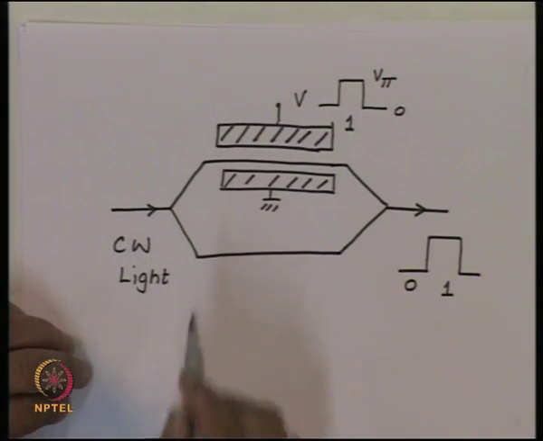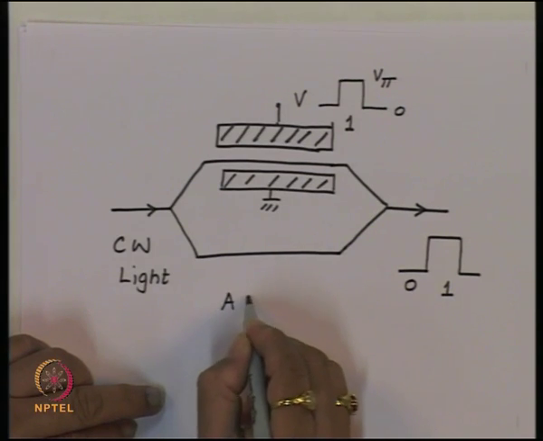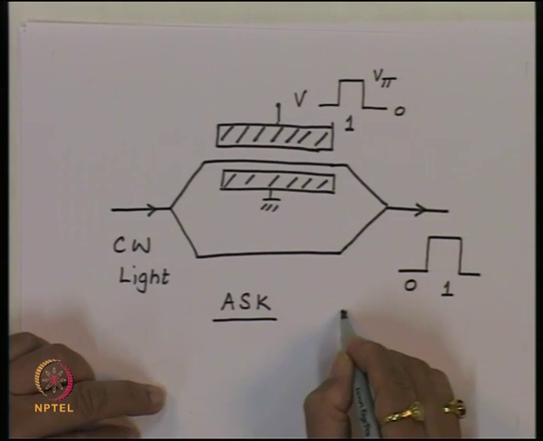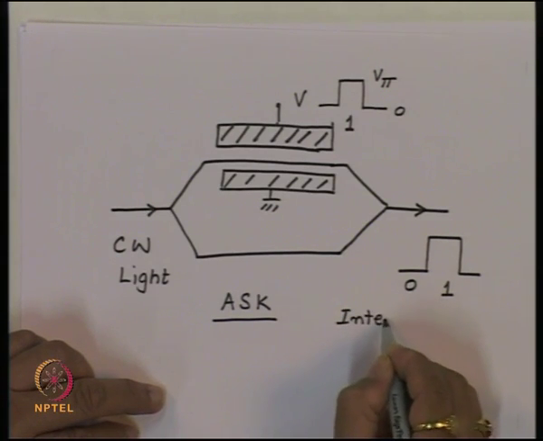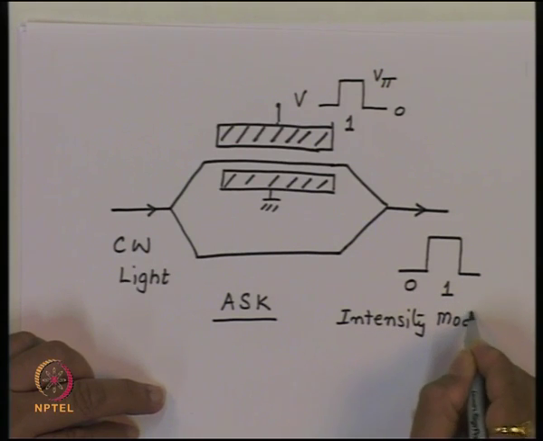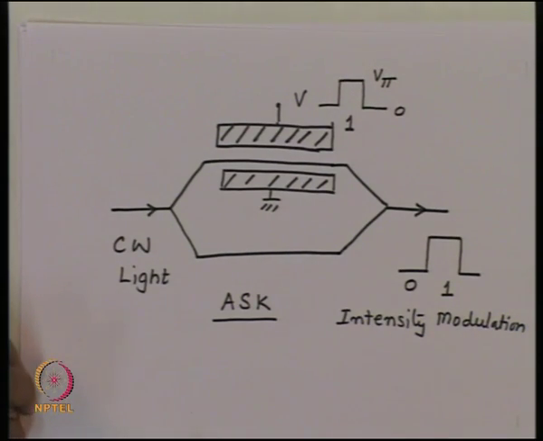So by using the Mach-Zehnder interferometer geometry, we can create the amplitude shift keying or intensity modulation. In those applications, when we go for high speed transmission, normally we do not modulate the lasers directly.